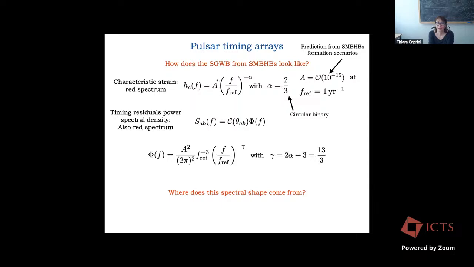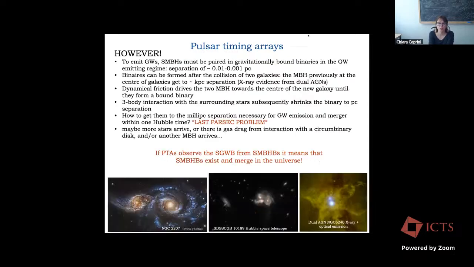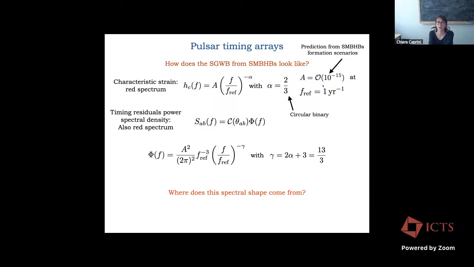The amplitude is actually predicted from all these physics here. People do simulations of the galaxy evolution, how many of these binaries there are, etc., and they get some prediction for the amplitude.